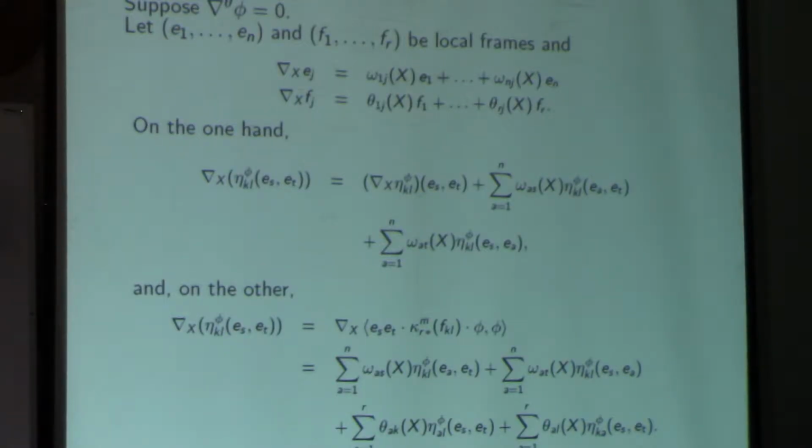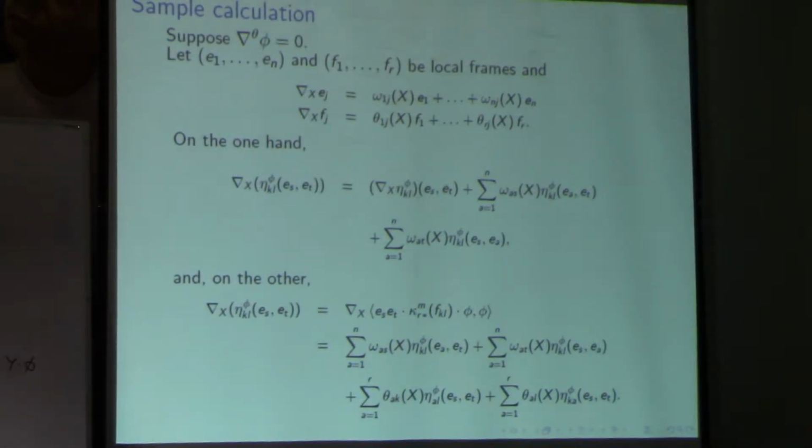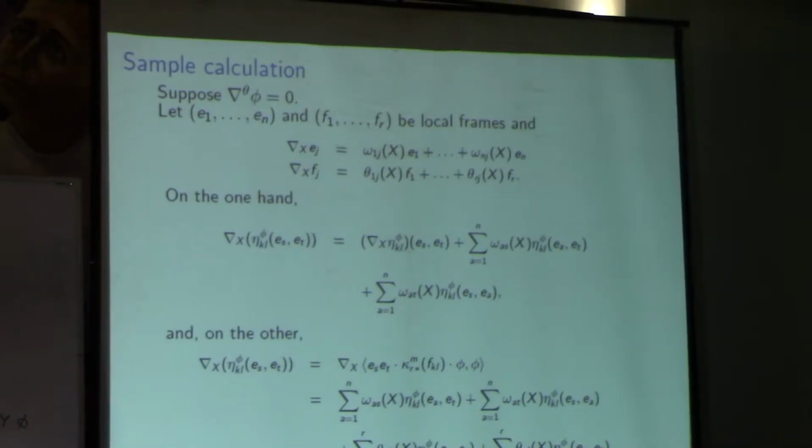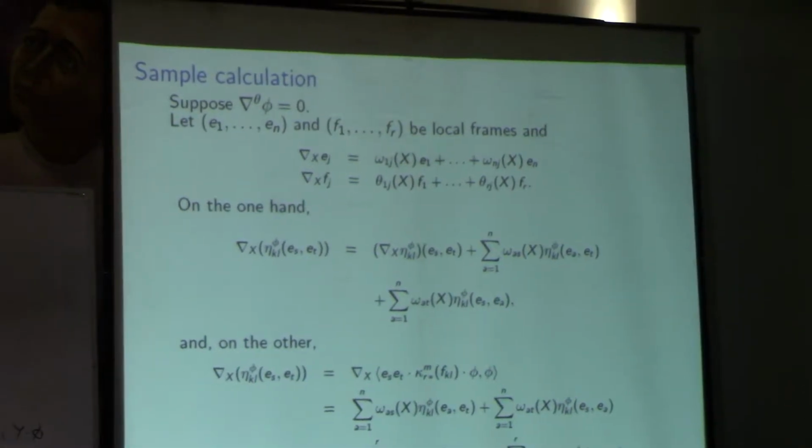Then we can talk about what it means to be parallel for one of these guys, and this is a sample of the many calculations that one can do, because now I'm heading towards trying to justify lightly the identity of curvatures.